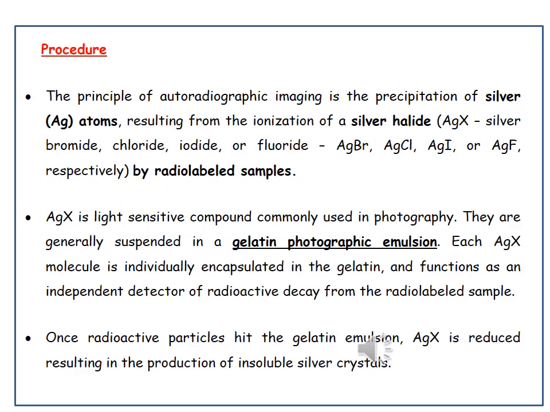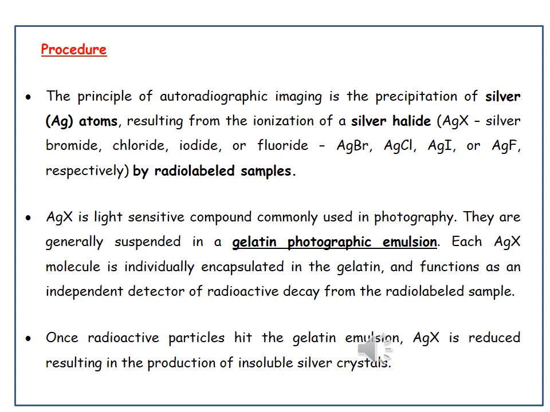The principle of autoradiography imaging is the precipitation of silver atoms resulting from the ionization of silver halide by radiolabeled samples. Silver halide is a light sensitive compound commonly used in photography. They are generally suspended in a gelatin photographic emulsion.